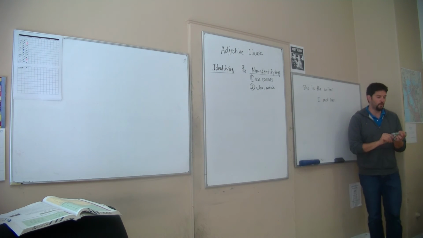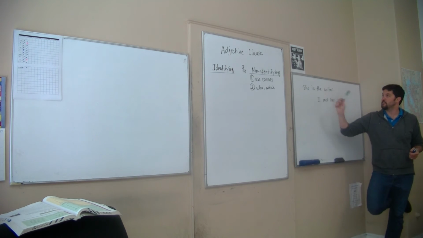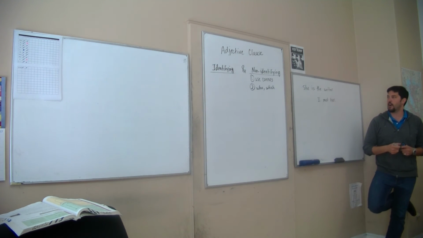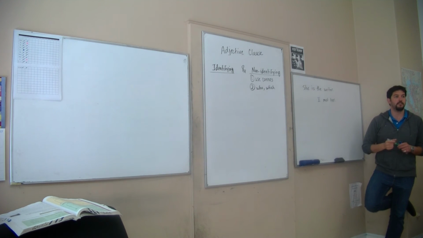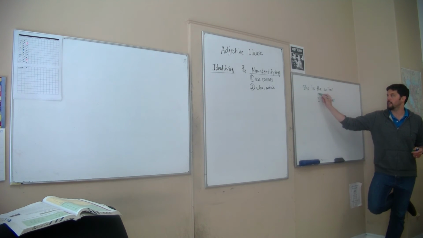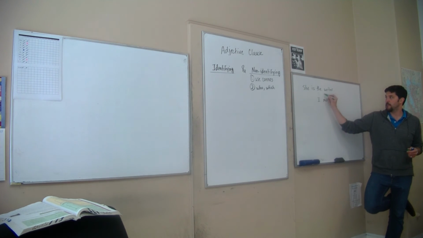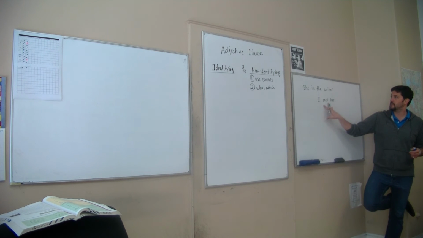Okay, so one more time, let's take a look at this. All right, so she is the writer. And this is I met her. In this sentence, what's the subject? I. Good, okay, what's the verb? Met. What's the object? Her.